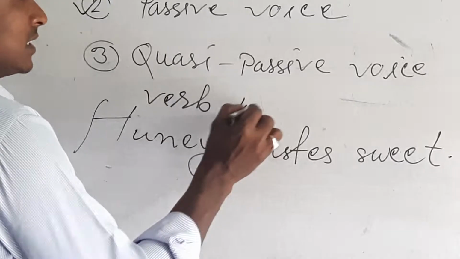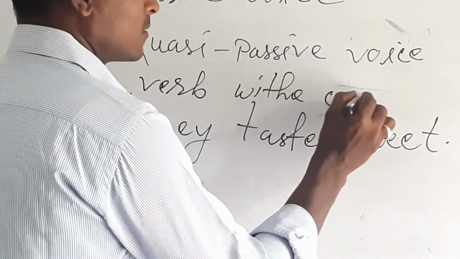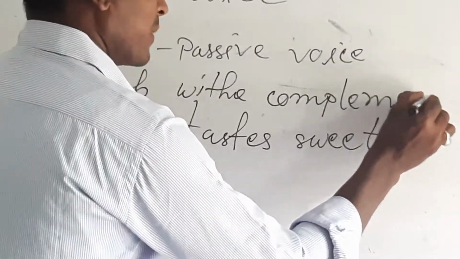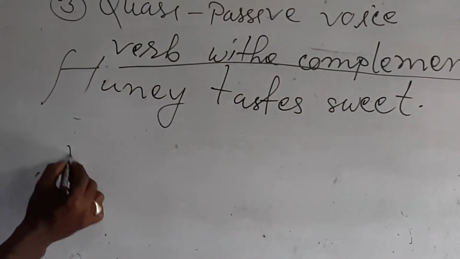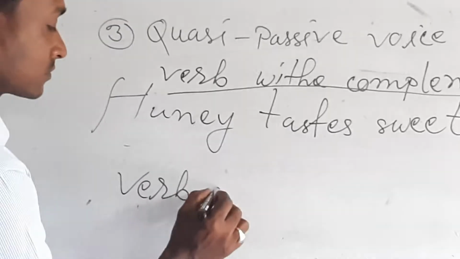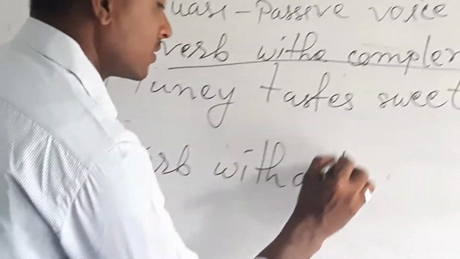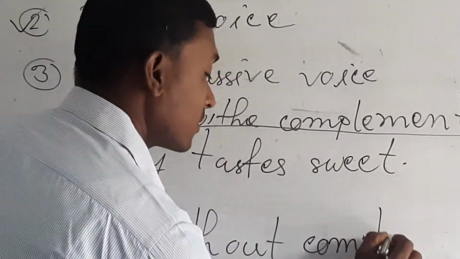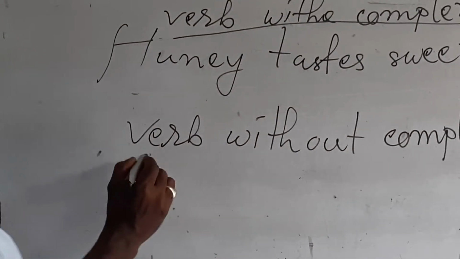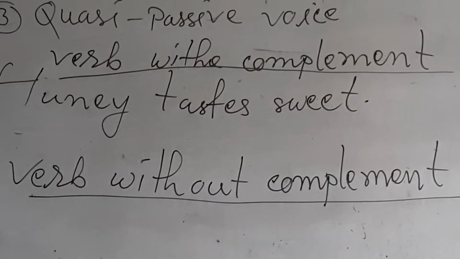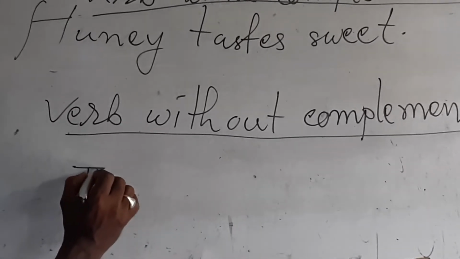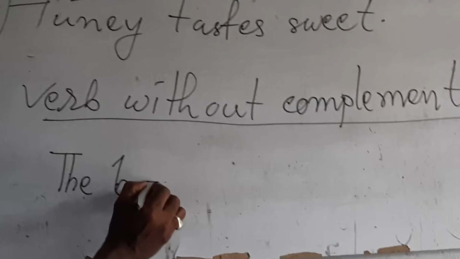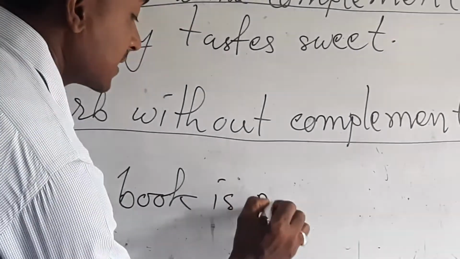Another is verb without complement. Such as an example, the book is printing.